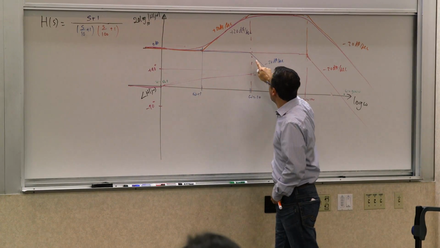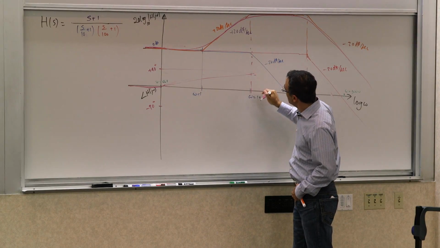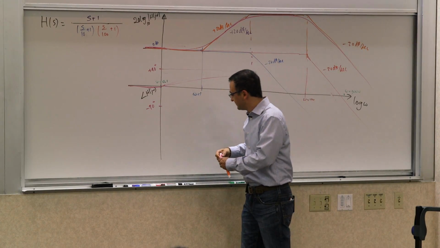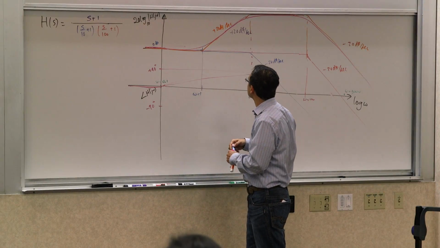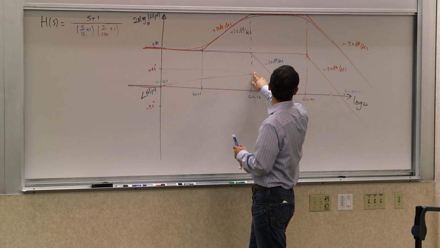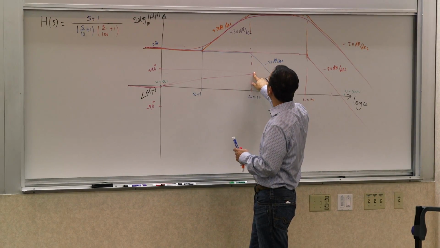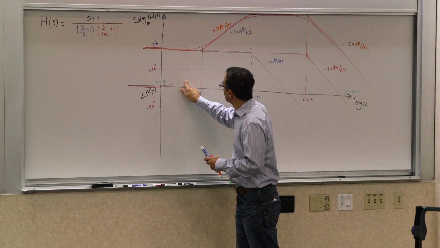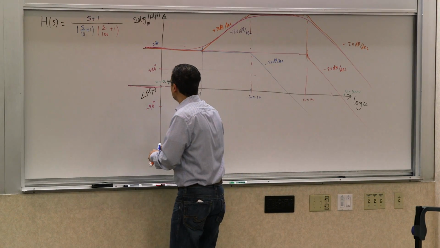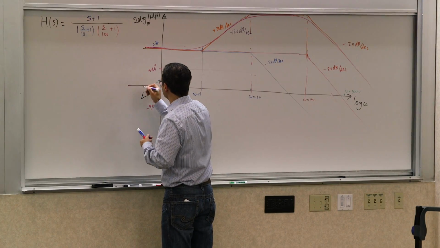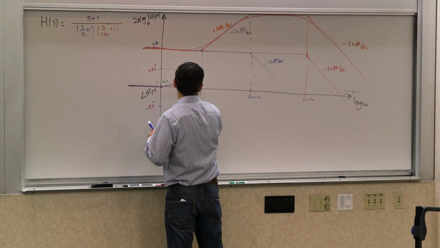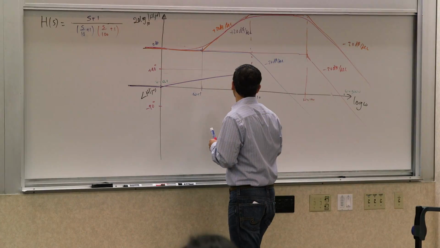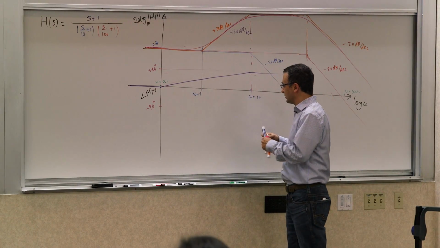However, now once you get to this one, the effect of this blue one is that its phase starts dropping. What color did I use for the first one? Purple? Okay, let me just use purple for that. So that would have been by itself what you get from that one.